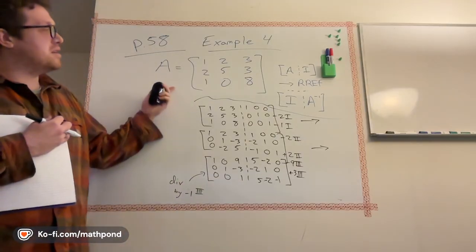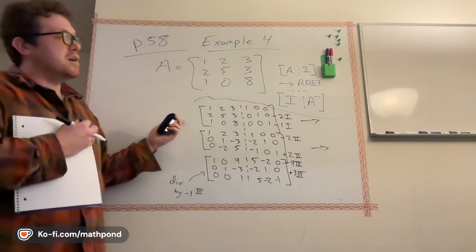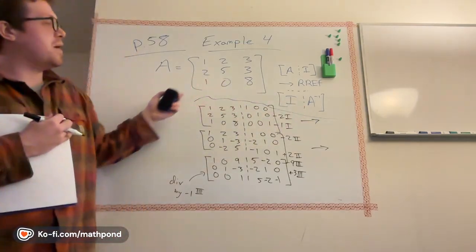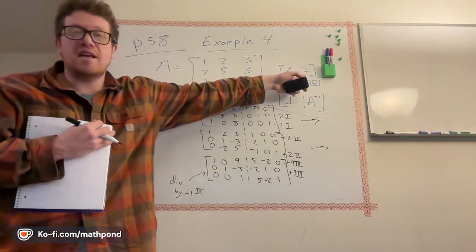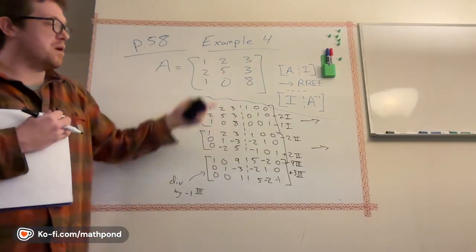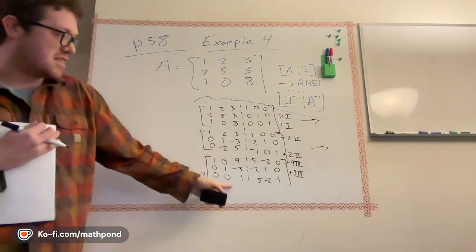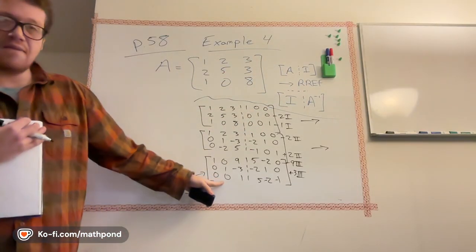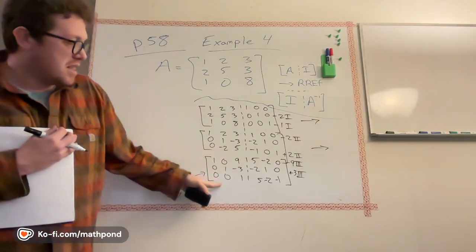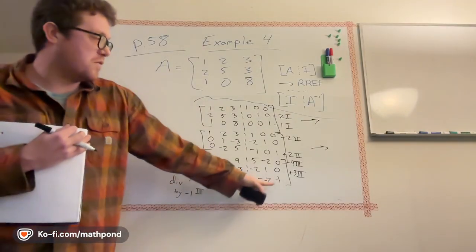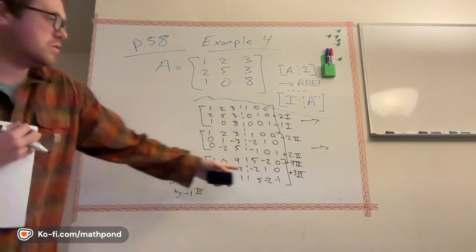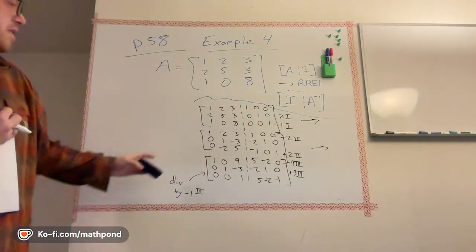Now we've been going through a process of computing the inverse of a matrix by augmenting it with the identity matrix and performing a bunch of row operations. So we're at the last step. We're trying to get this left-hand side to be the identity matrix, and it almost is. We just have to perform these two more row operations.